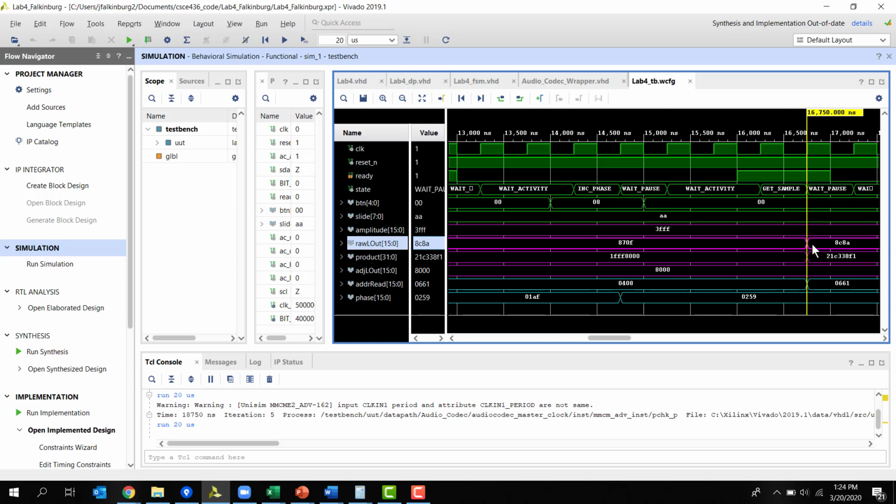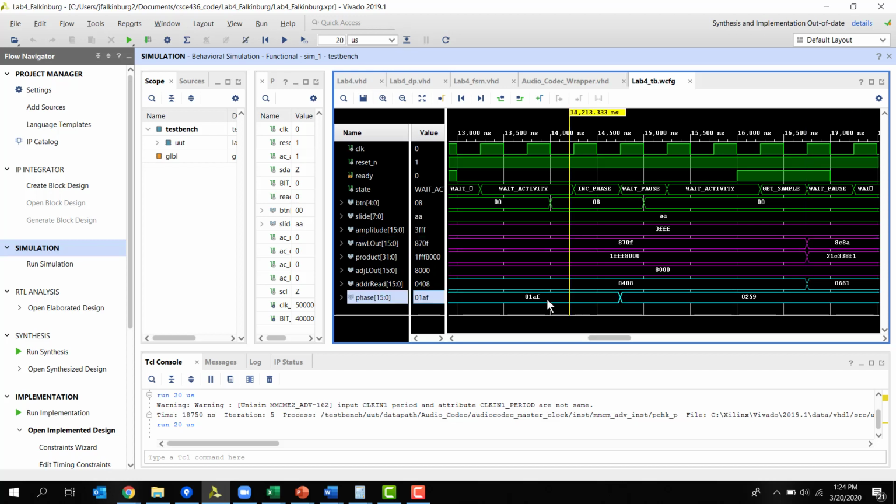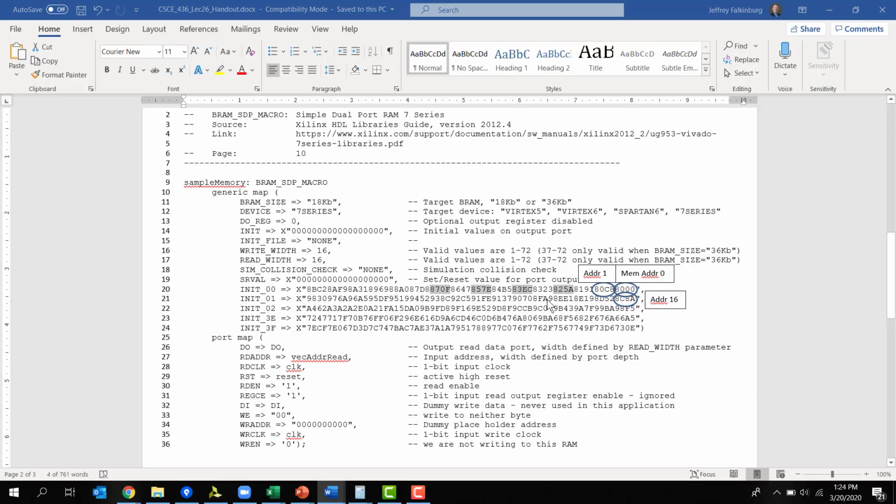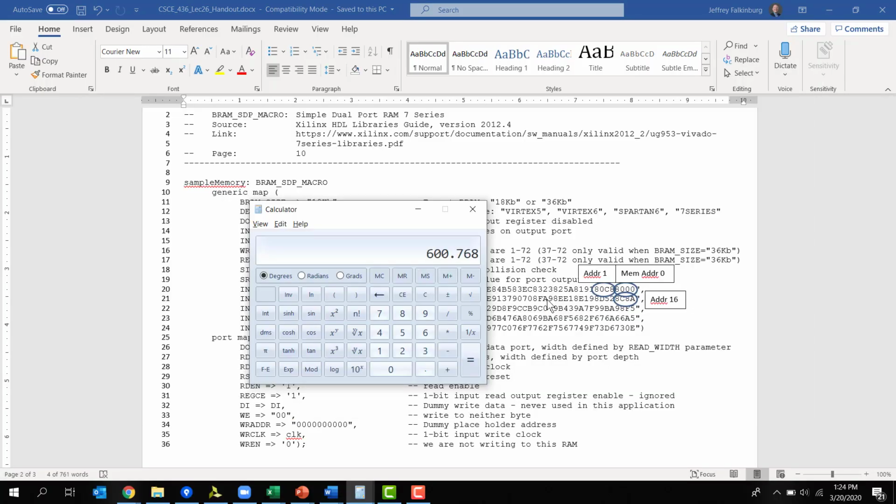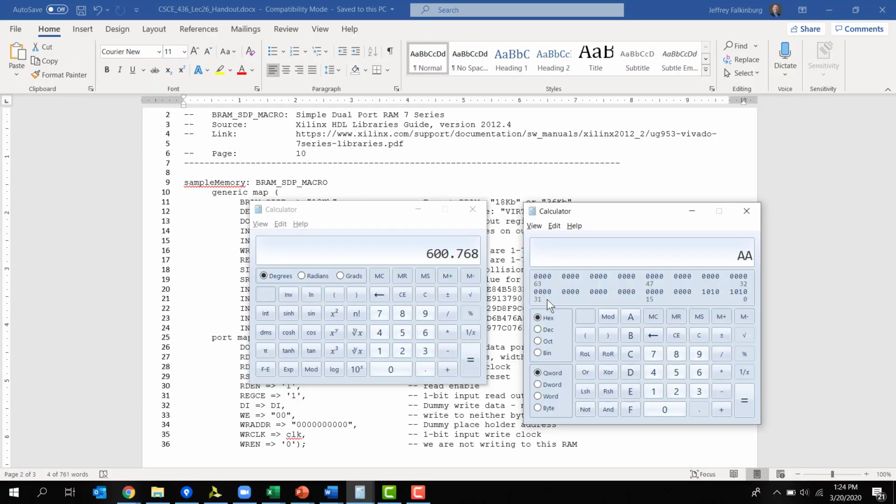The next value, notice from that value, we reduced our phase index. So for this next value, we had 9.37 plus 1AF, which we can use our trusty dusty calculator.